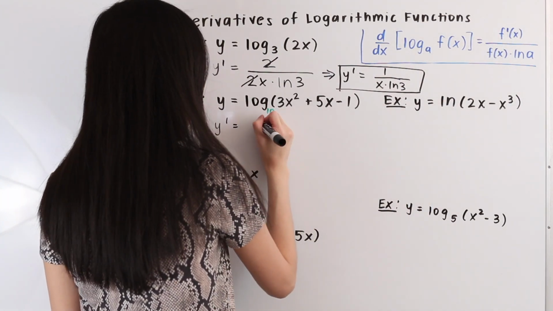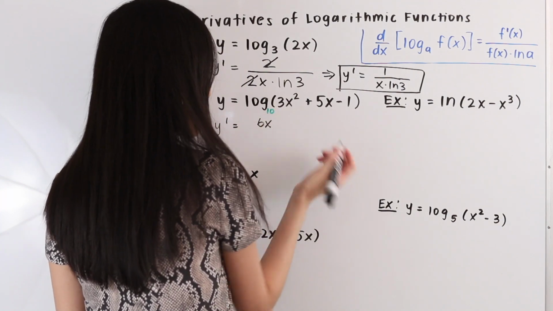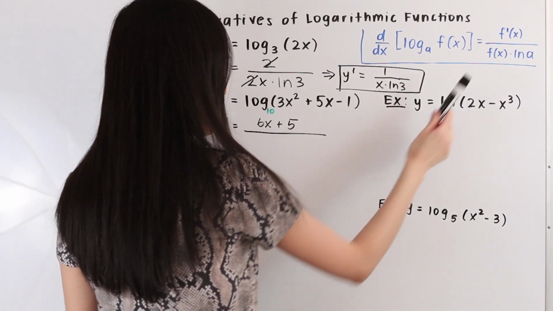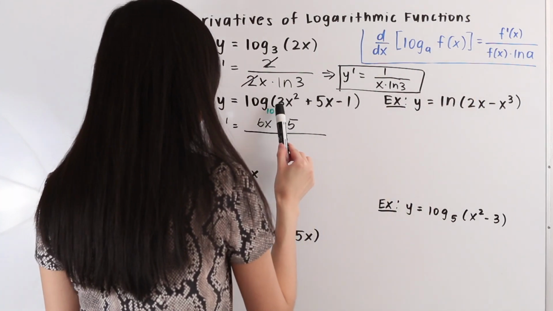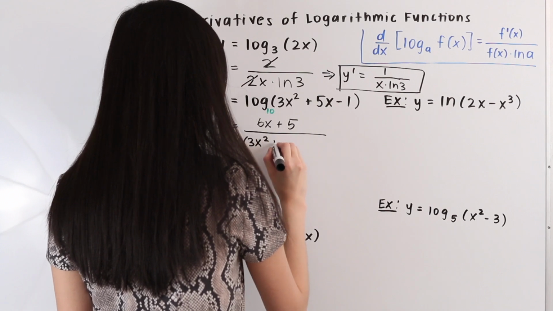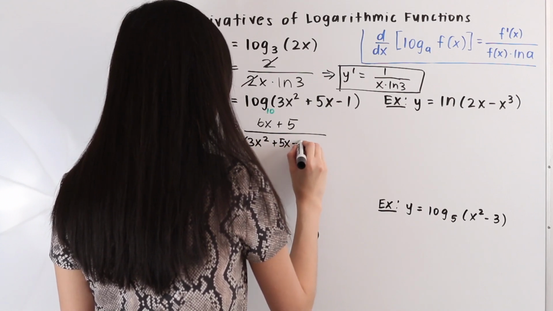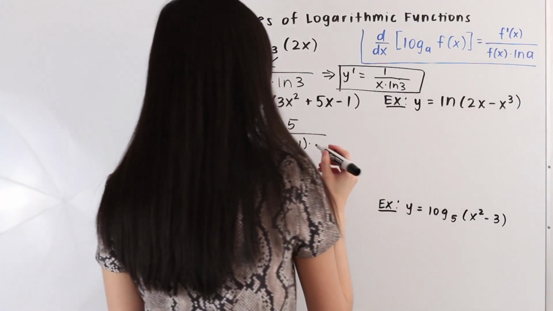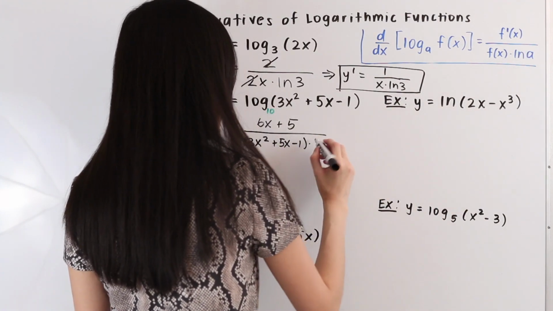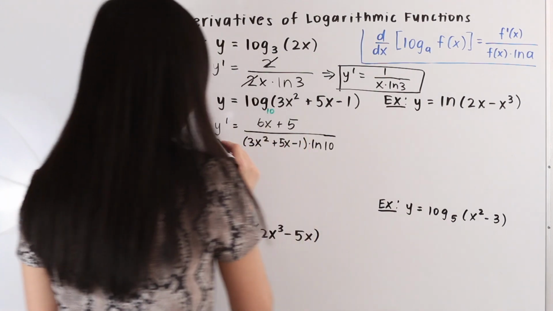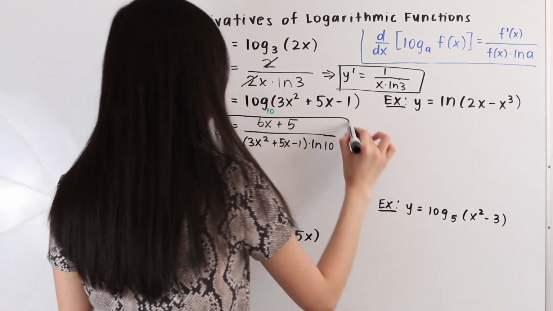So using our power rule, we have 6x plus 5, and this is over f of x. So we need to rewrite this function here. So we have 3x squared plus 5x minus 1. And we need to multiply by the natural log of our base. So here our base is equal to 10, so we're going to multiply by the natural log of 10. And so this is our final answer.